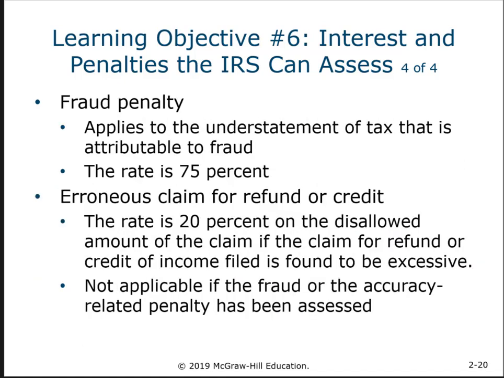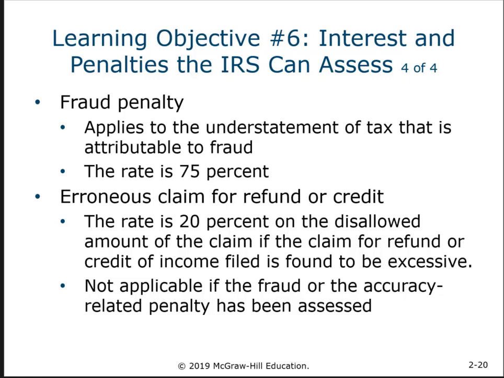And then, even worse, if they feel like you intended to defraud the government and file a tax return that was incorrect, then they can apply a penalty of 75%, the fraud penalty. All right, especially if you claim a refund, use the wrong tax return to claim a refund, then that penalty can be 20% as well.